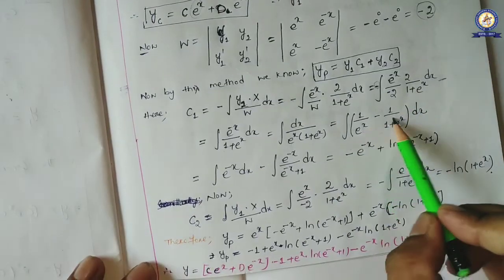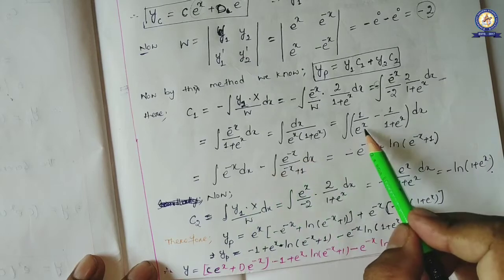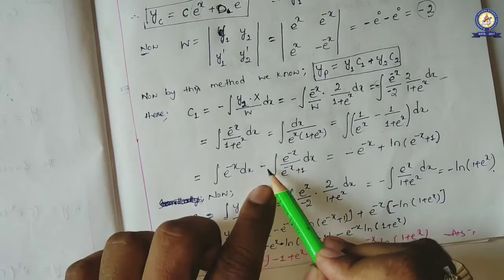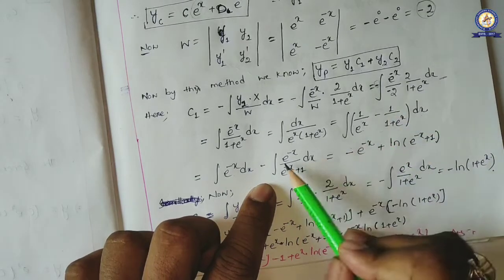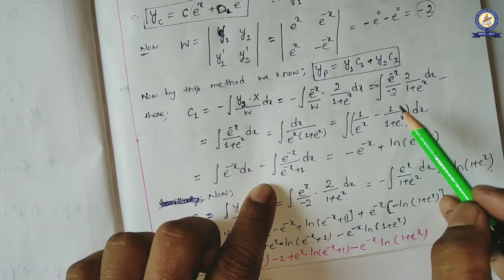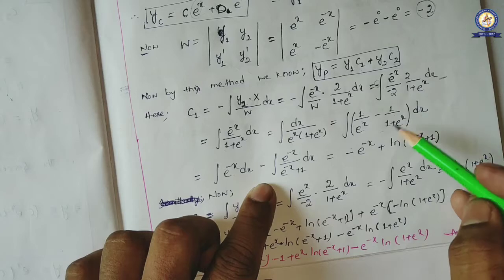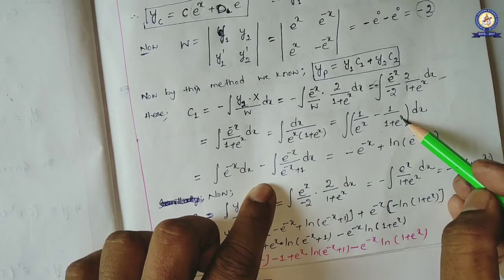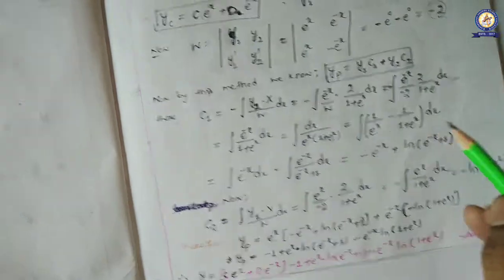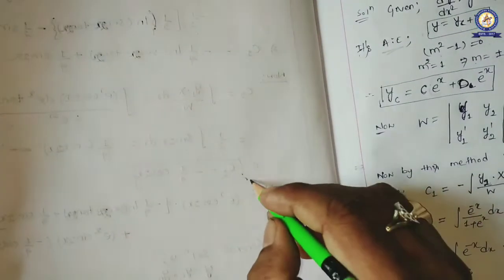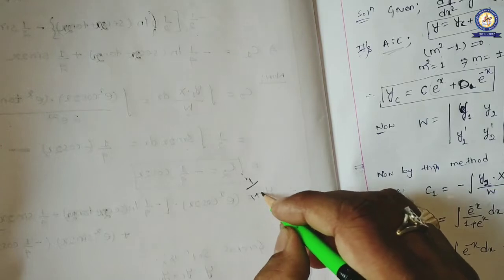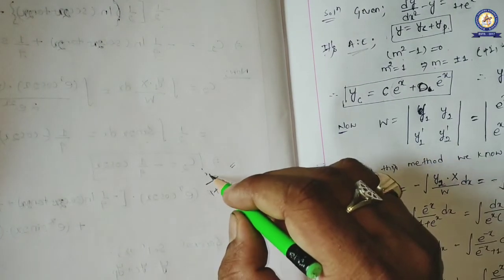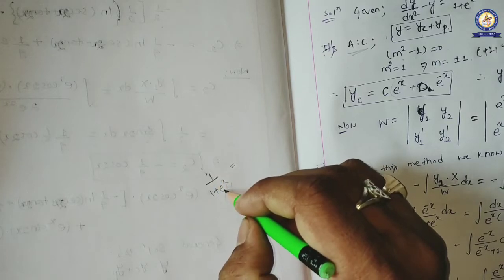Now here we can get the two integrals, that is e to the power, here 1 by e to the power x, that means e to the power minus x dx, and another one is minus 1 by 1 plus e to the x. But here I did one thing. See, consider 1 by 1 plus e to the x. In the numerator I divided by e to the x, and in the denominator I divided by e to the x.